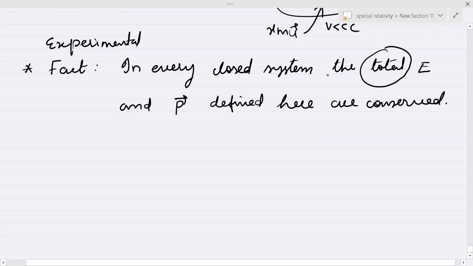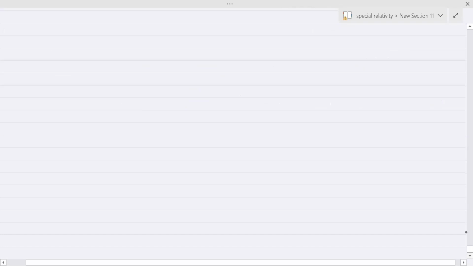You should know that the conservation of energy and momentum are actually experimental facts. There are no experiments that have violated this. That's the reason why we believe it.